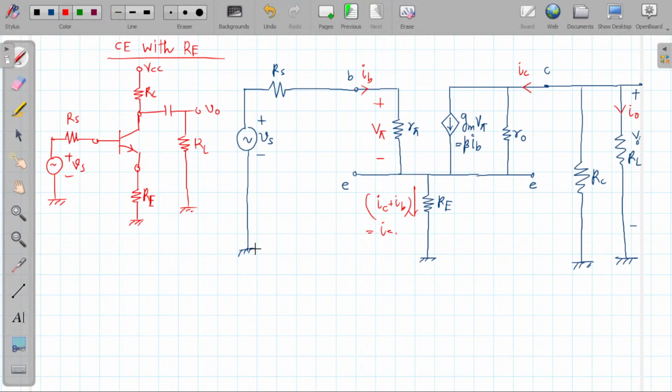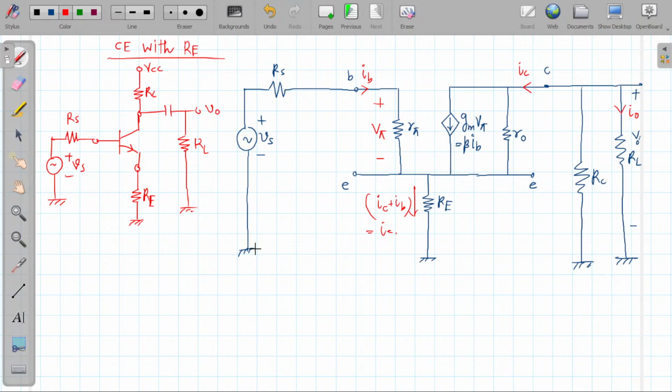So this is how we can find the RE model of any circuit. Hopefully you can understand what the RE model is right now.